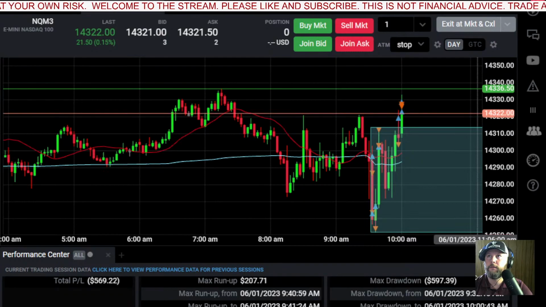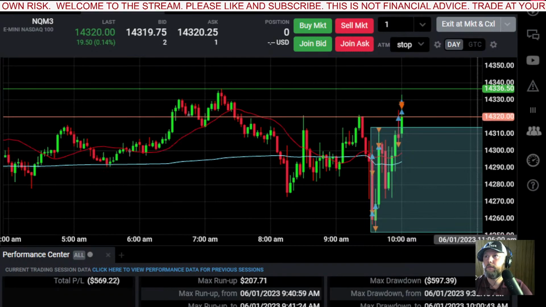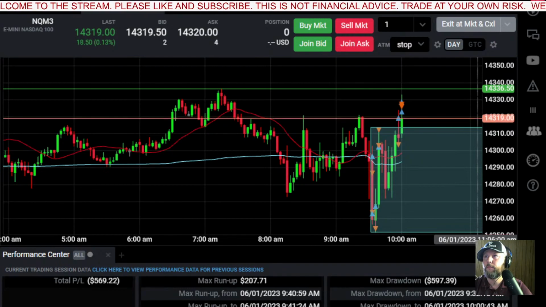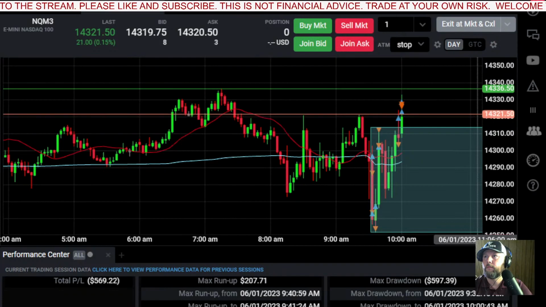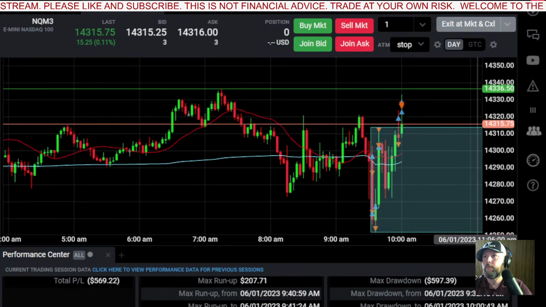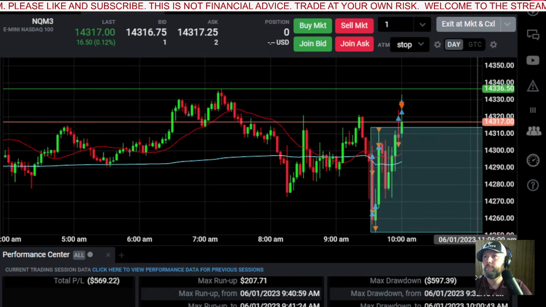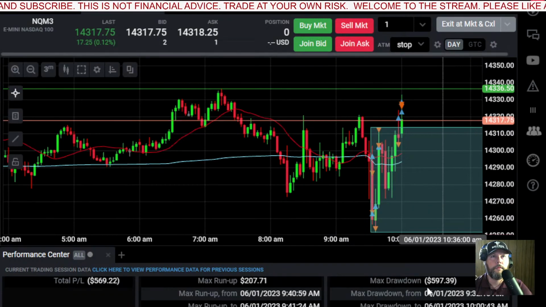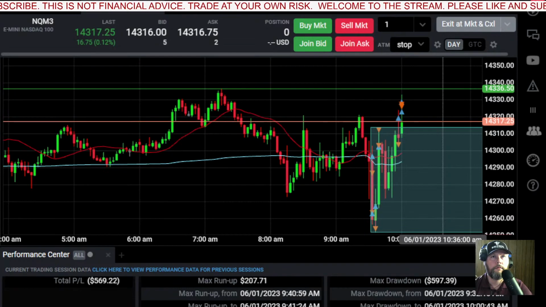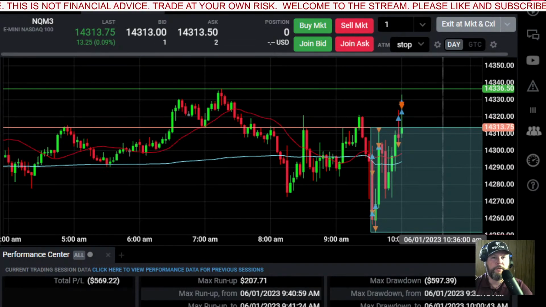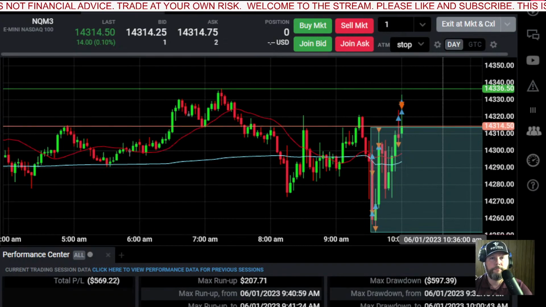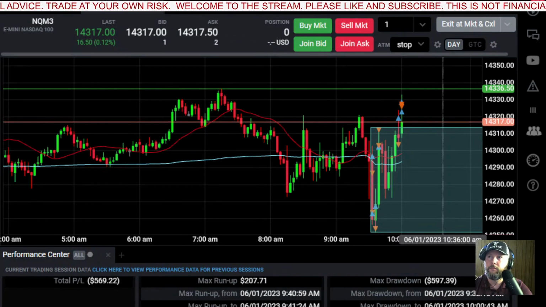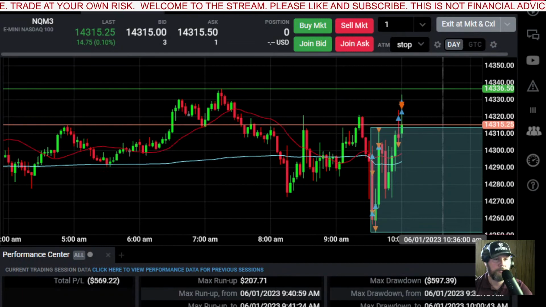All right, let's see here. We break back above 20 strong here. We'll try to ride this momentum back up to the high of day if we can get the ES kind of breaking out here above the VWAP.